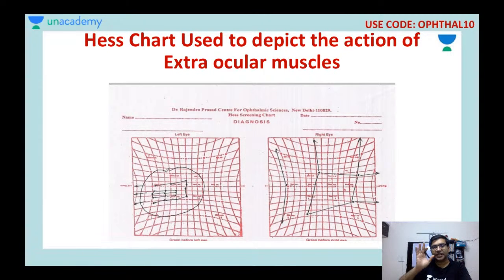What we see here is that only the lateral rectus is working, as well as a bit of downward movement. In the right eye, all the black arrows point to all the actions being normal. So how does the Hess chart help us? It helps us to diagnose nerve palsies.